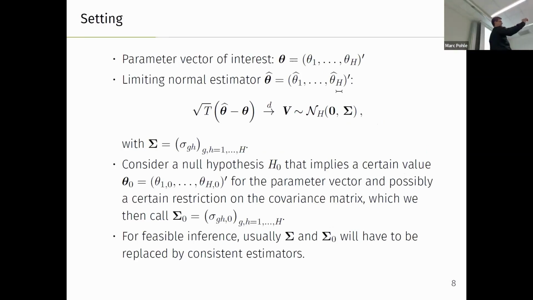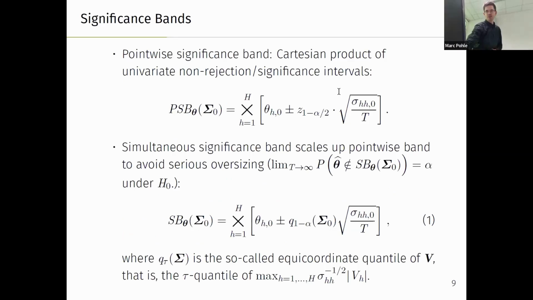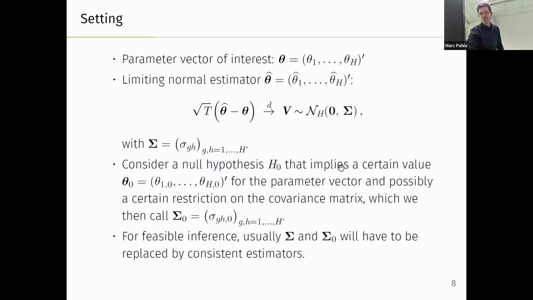So you have a joint probability, and if they all have to fall inside this band, their maximum has to fall inside this band, and that's where the maximum comes from. The good thing is you can easily calculate this quantity. It only depends on the probably estimated covariance matrix. And V_h is simply the h-th element of V, the normal random variable with its marginal variance.